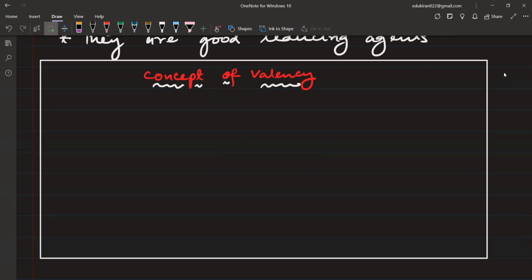So in general, when you get an element and its atomic number, you can calculate its electronic configuration, right? Once you get the electronic configuration, you can also get the number of valence electrons.